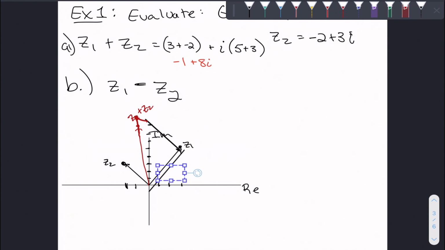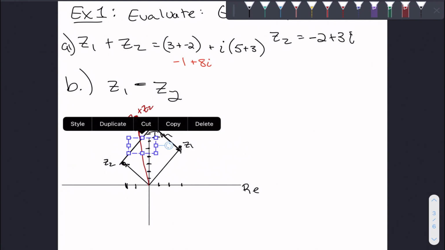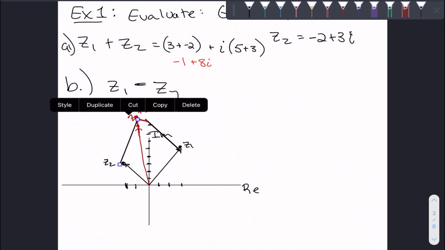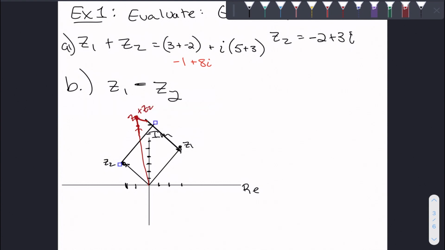And so if order doesn't matter, then it shouldn't depend on which place I started with. So what we're getting here is a parallelogram, and all of the same properties of parallelograms will also hold true.